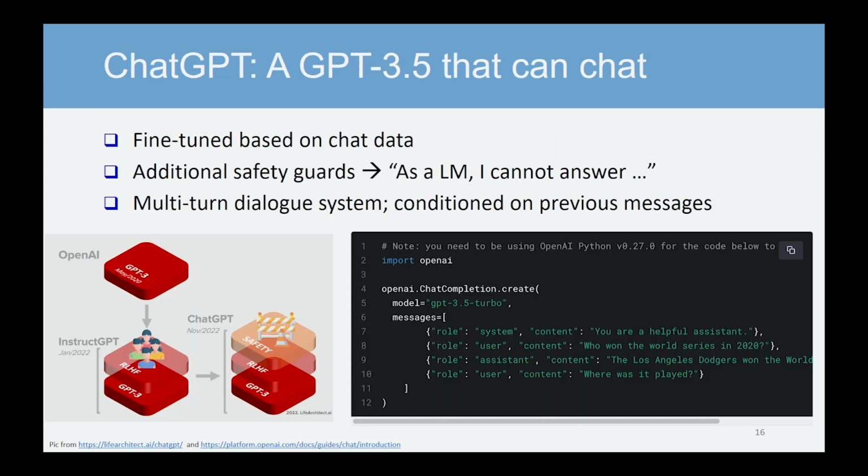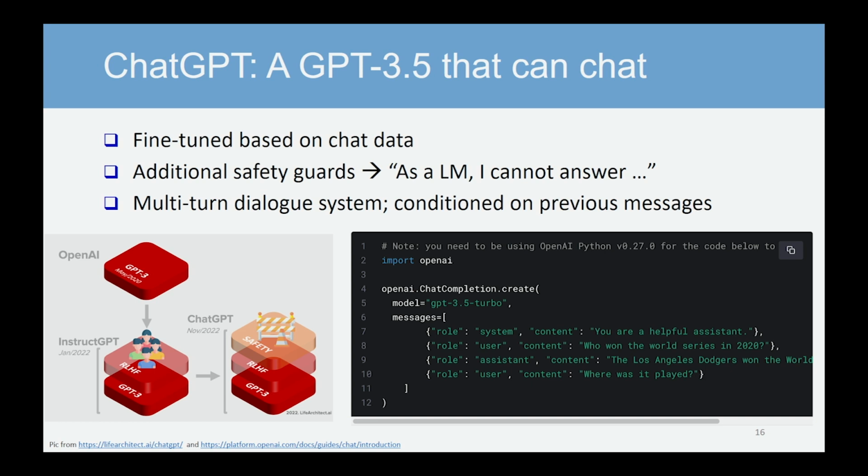So in general, what is ChatGPT? ChatGPT is just a GPT 3.5 that can chat, right? So we have GPT 3.5 there, we have this InstructGPT, and there are additional things being done in ChatGPT. The first thing is we fine-tune this on chat data, and it will make conversation.